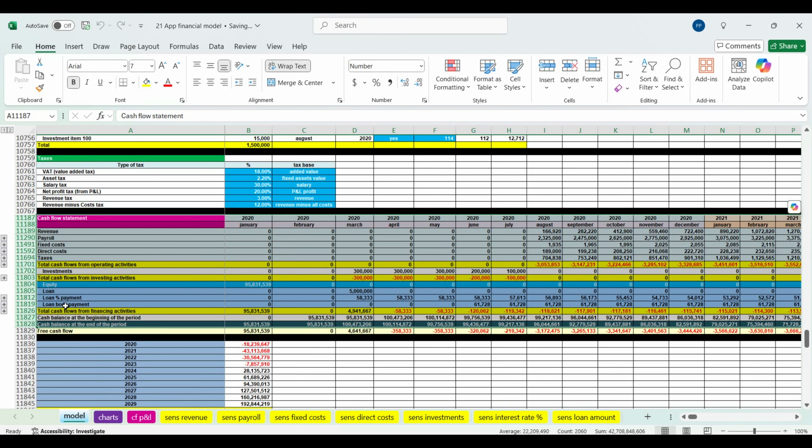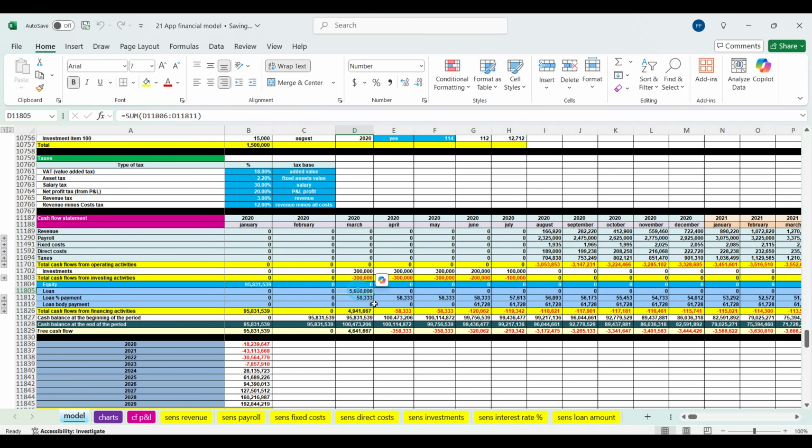table inside our model. So this is the cash flow statement. It shows us how much financing we need. So if we have equity and loan, this value plus this value is showing us how much financing we need in this particular scenario, and the cash flow from operating activity is showing us how the business breathes without external expenses like loan payments.